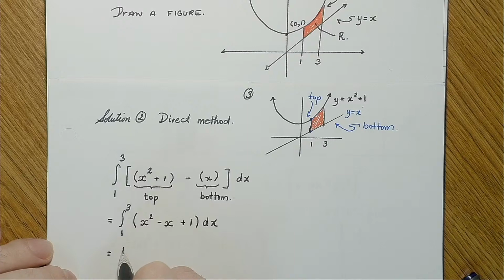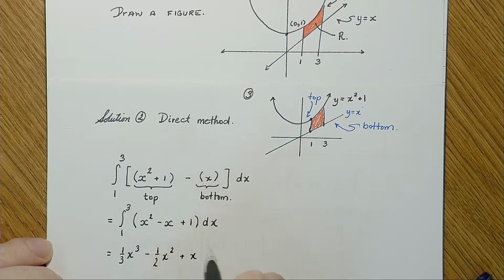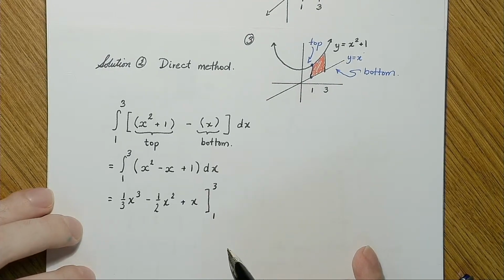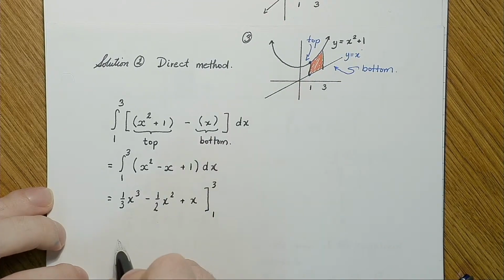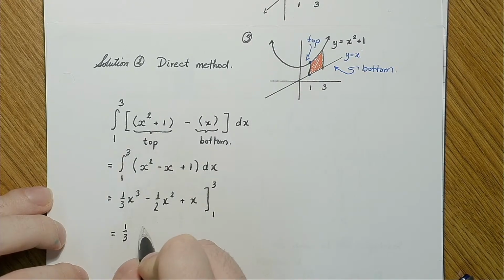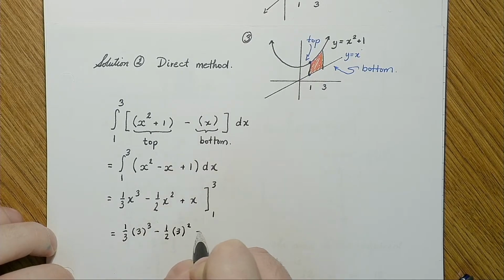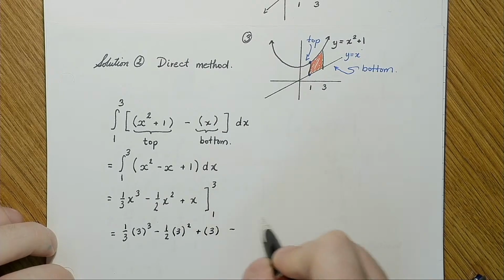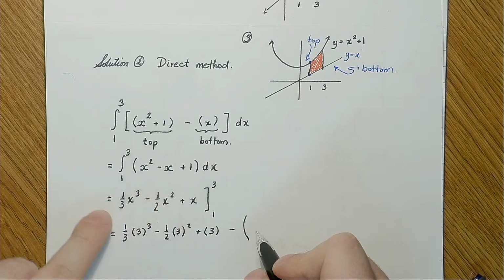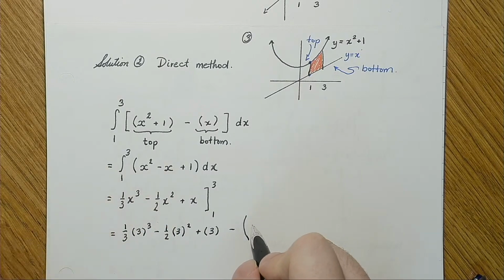Integrating that, I get 1/3 x cubed minus a half x squared plus x, evaluated from 1 to 3. I just substitute those values in. So this function evaluated at 3, minus this function evaluated at 1.